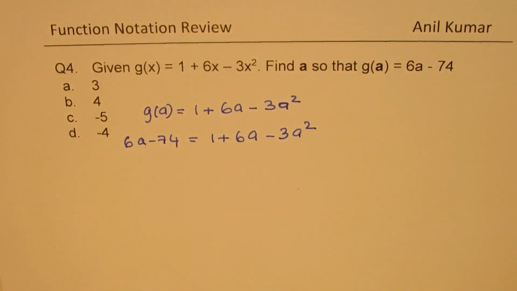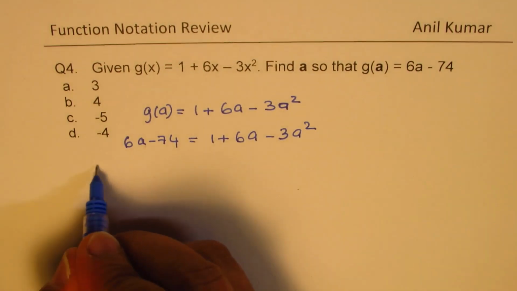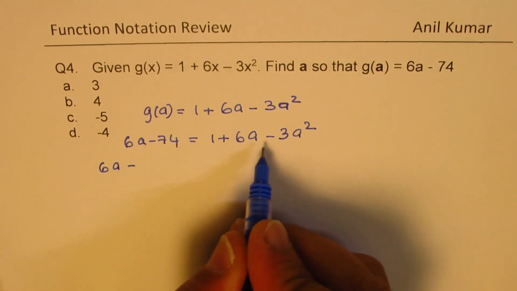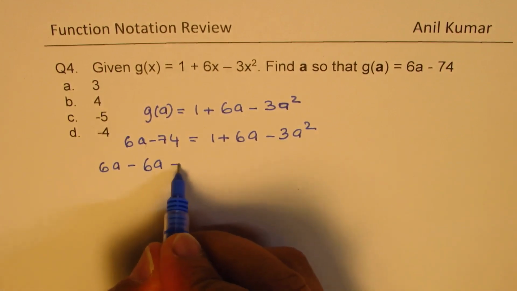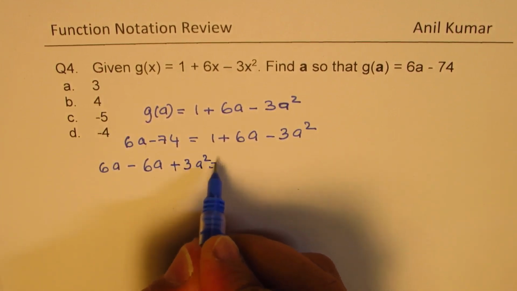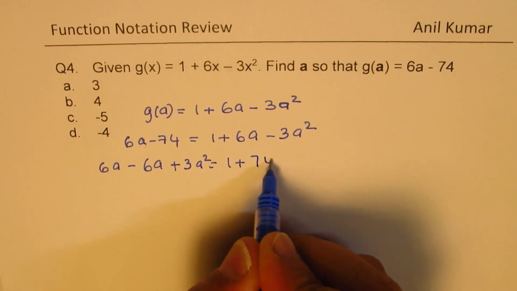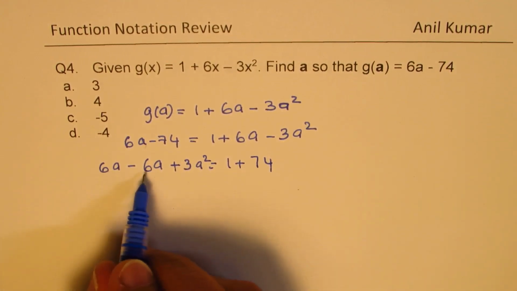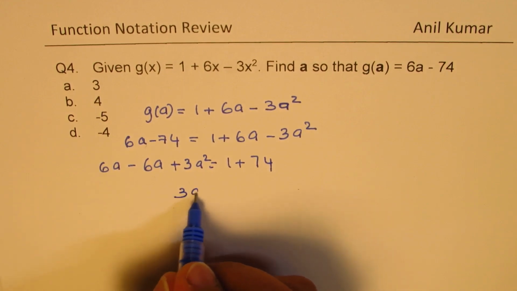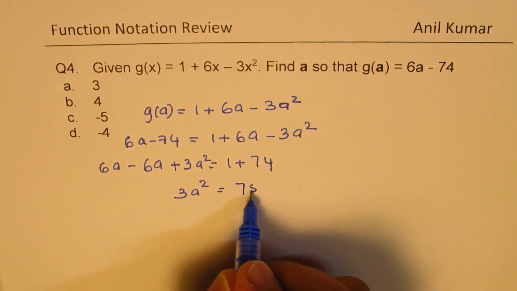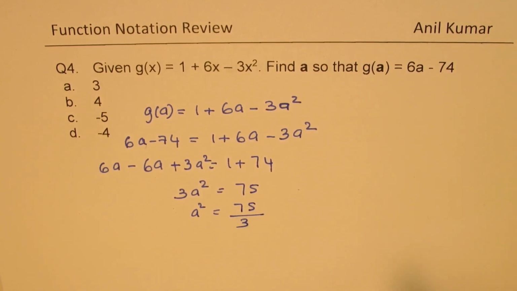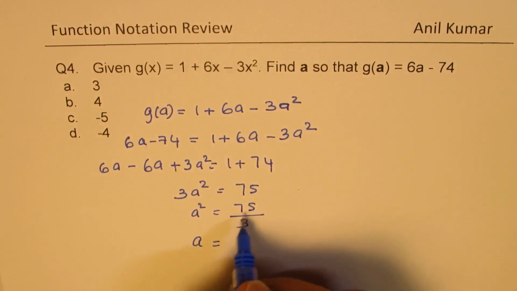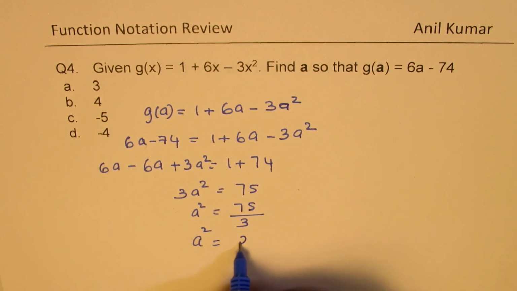Now let's bring the variables to one side, numbers to the other. So we get 6a minus 6a, and that minus becomes positive 3a squared, where 1 here brings 74 to this side. So 6a minus 6a is 0, so we get 3a squared equals 75, a squared equals 75 divided by 3.